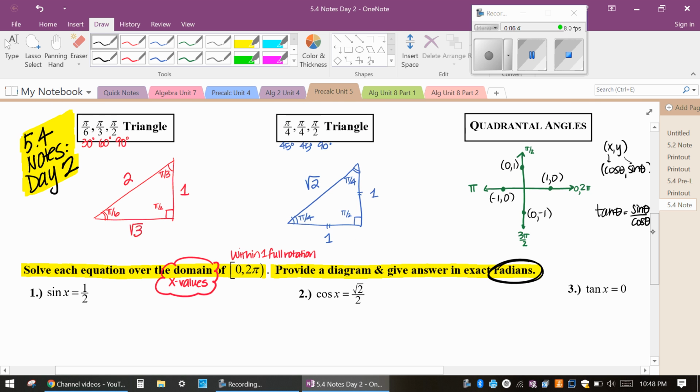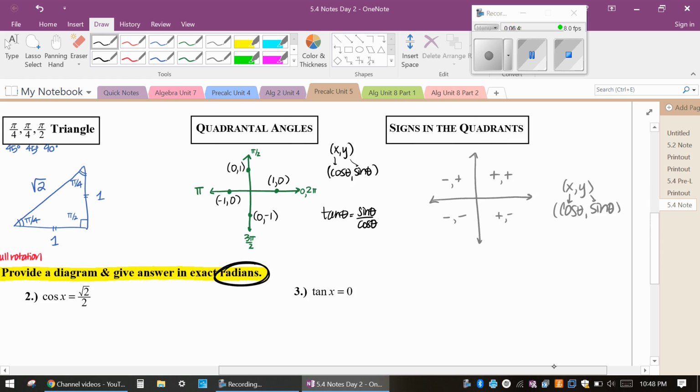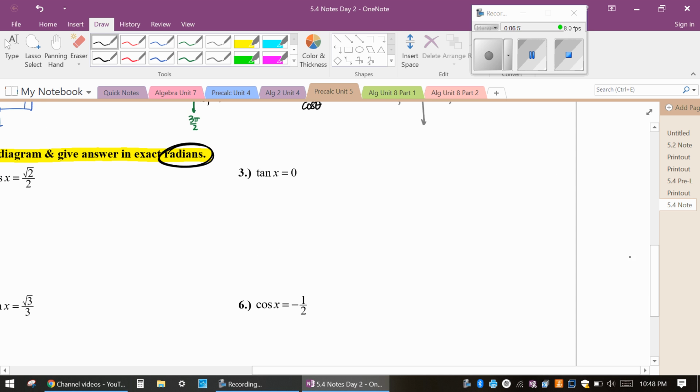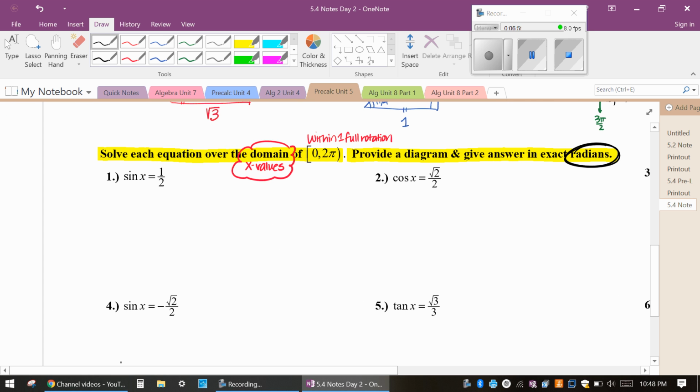So if you look over here where we had sines, sine is the y value. Sine is positive. You see how they say sine has to be positive a half? Sine is positive. Remember, sine is the y value.